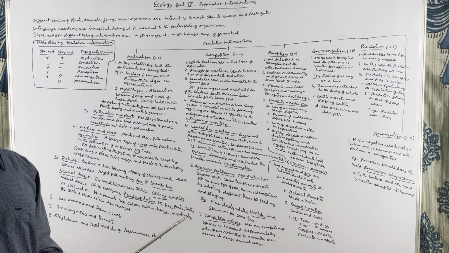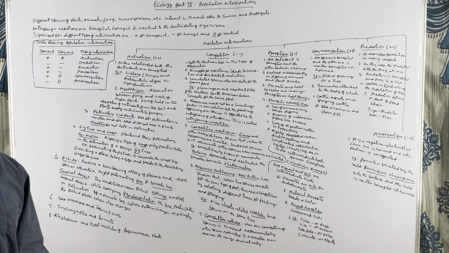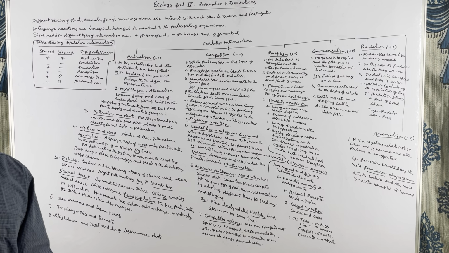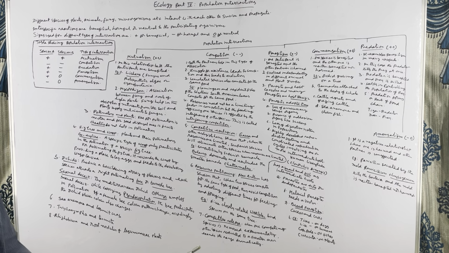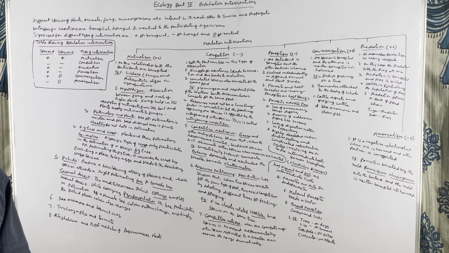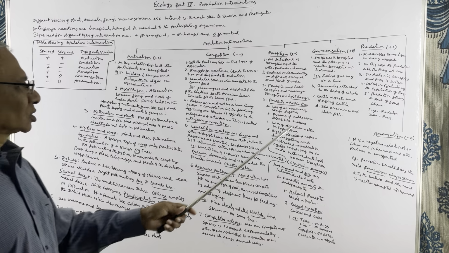Whenever there is a danger, it hides in the tentacles of sea anemone. In this way, it gets protection. So all the benefit here goes to the clownfish, and the sea anemone is neither benefited nor harmed. So in this way, commensalism benefits one associated organism, and the other organism is neither benefited nor harmed.